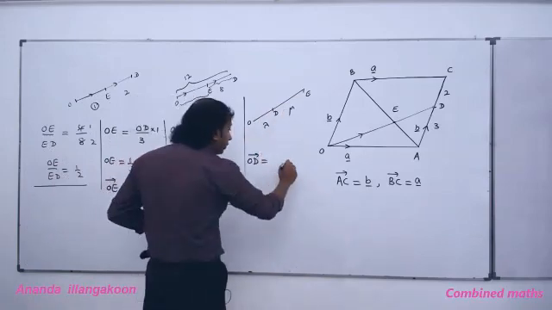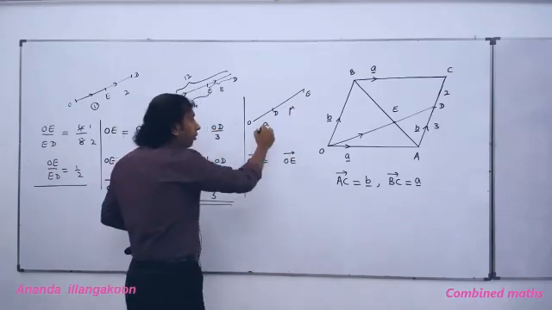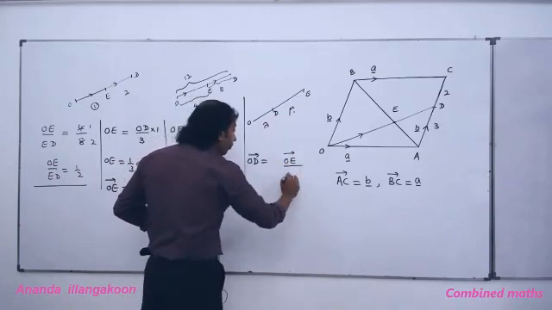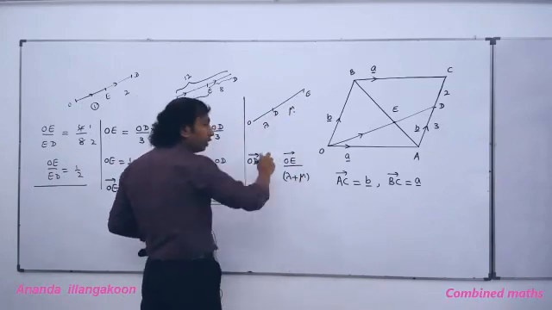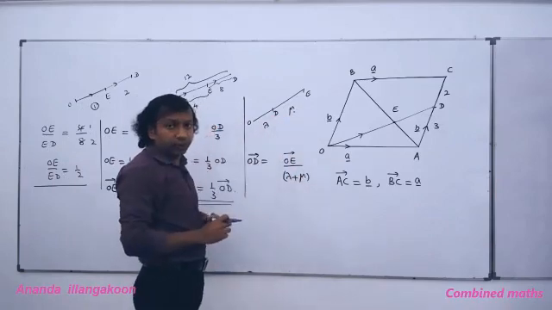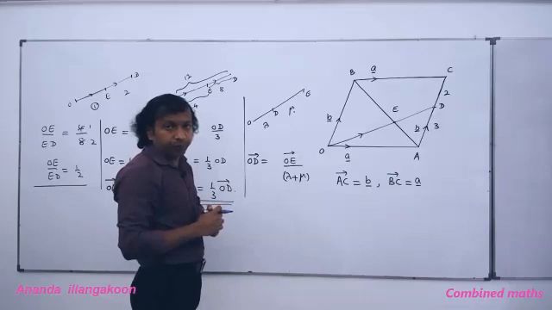First, OE vector. We divide by what, people? The sum of these ratio figures. Lambda plus mu. These are ratio figures, people, not actual lengths. Dividing actual lengths by a common value, the simplest fraction is called the ratio.